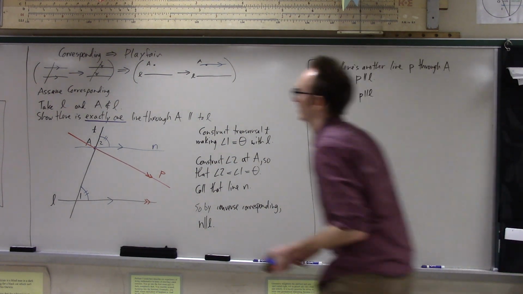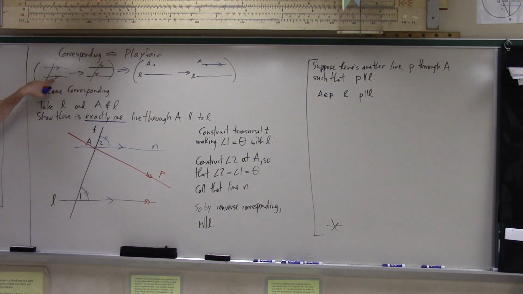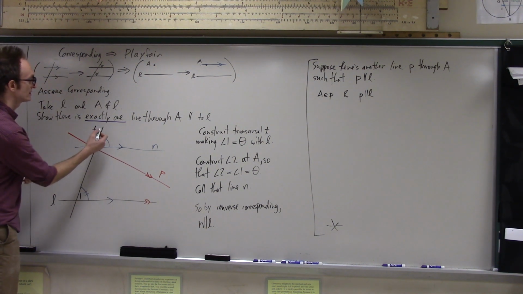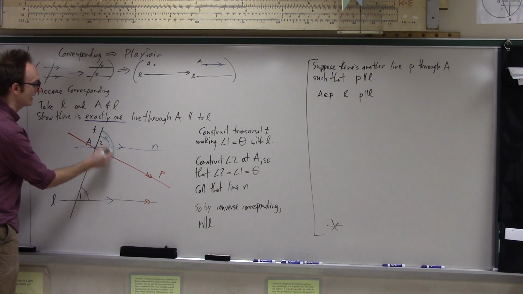Well, of course, we will have to use our big theorem that we assume that we haven't touched yet, which is corresponding. What does corresponding say? It says that if these lines are parallel, then the corresponding angles are equal. Oh, well, okay. L and P are parallel, so that means that corresponding angles are equal.